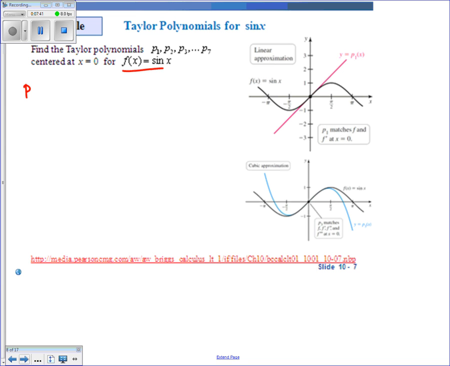Okay, I'm going to go ahead and write out what the seventh one's going to look like. P sub 7 of x is going to be f of a, which is 0. This is my a. Plus f prime of 0, and then x minus 0, so times x.